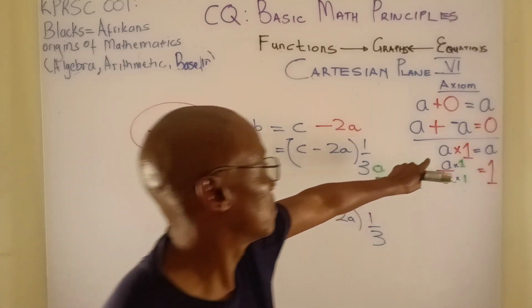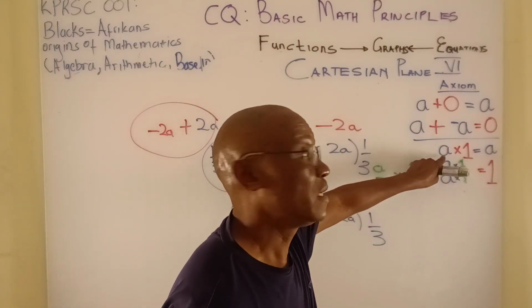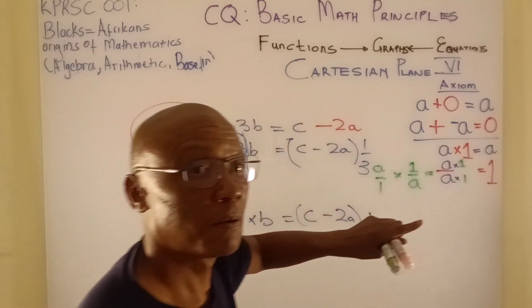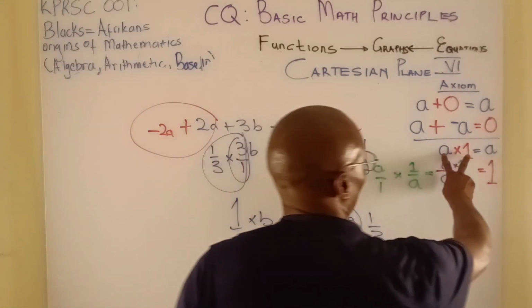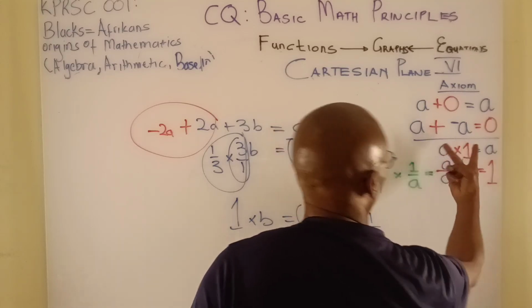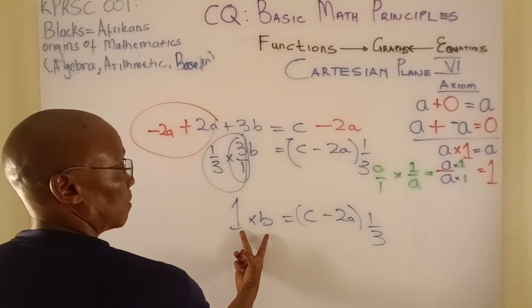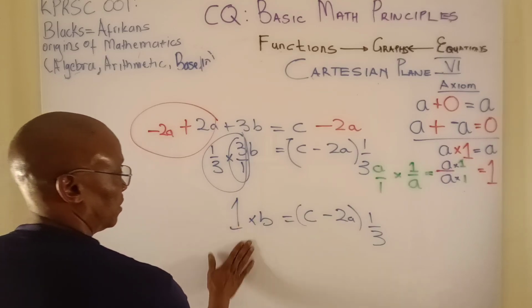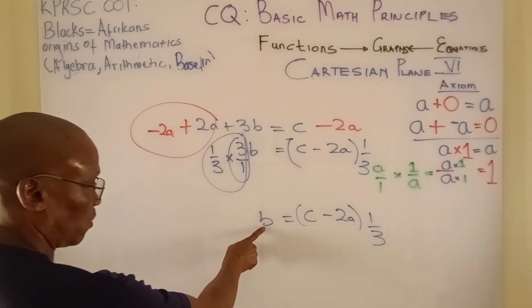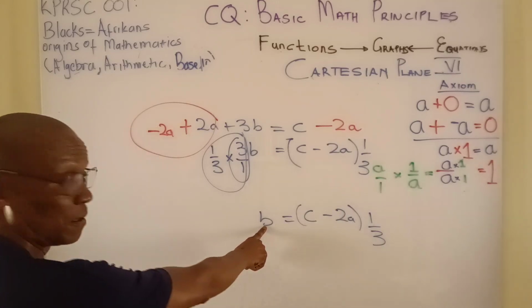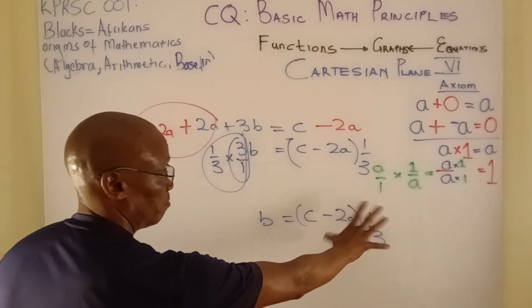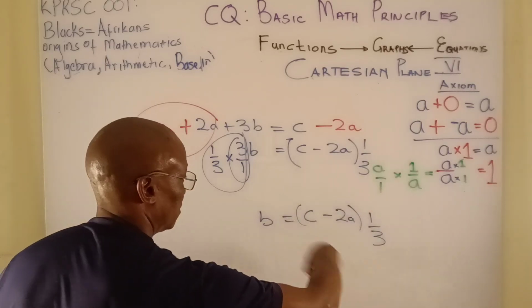Well, I have this, that a number multiplied by 1, and this obeys the commutative law, meaning 1 times a, 1 times b is b. There, you solve for b. There it is. B is this beast here, whatever this is.